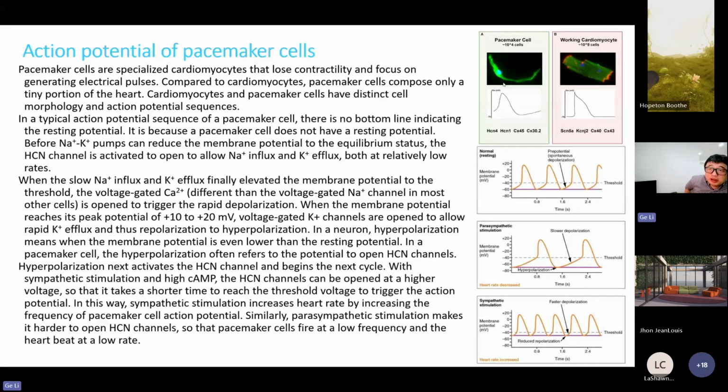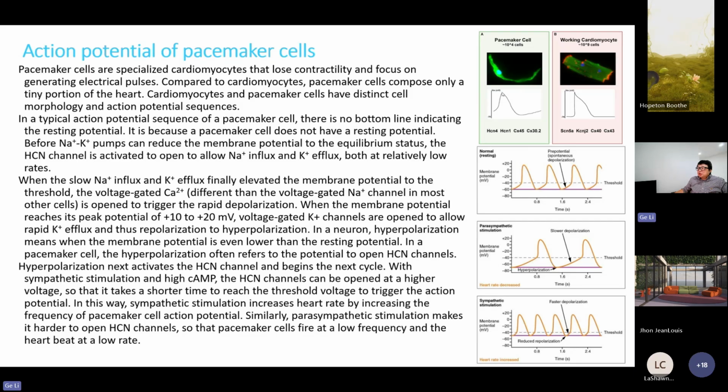They generate action potential, but they are not neuron cells. They are specialized cardiomyocytes, and they are so special that they do not even have any sarcomere for contraction. Rather, they mostly specialize in just generating action potential. But how do they generate the action potential?